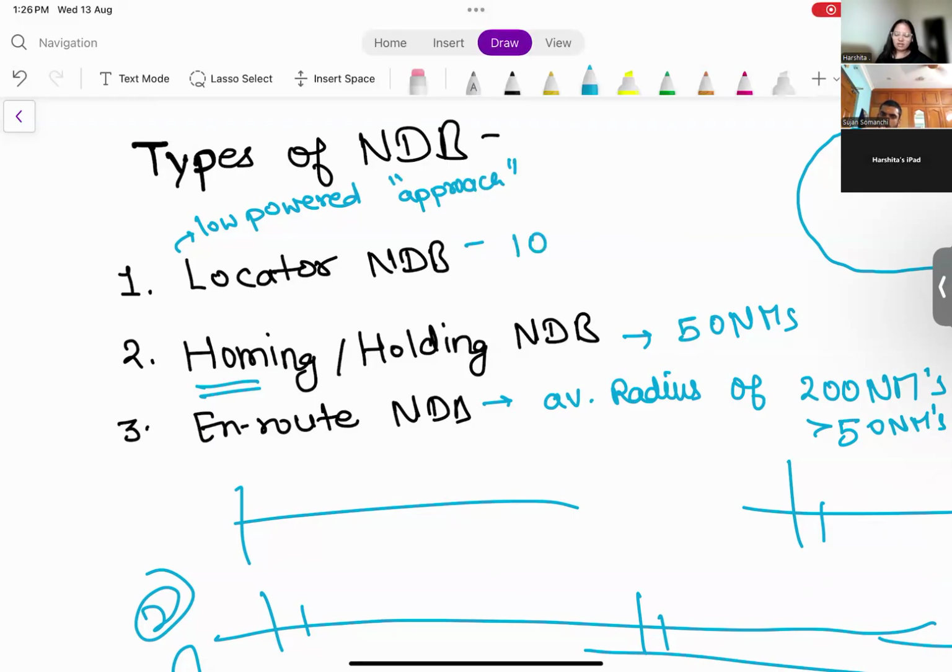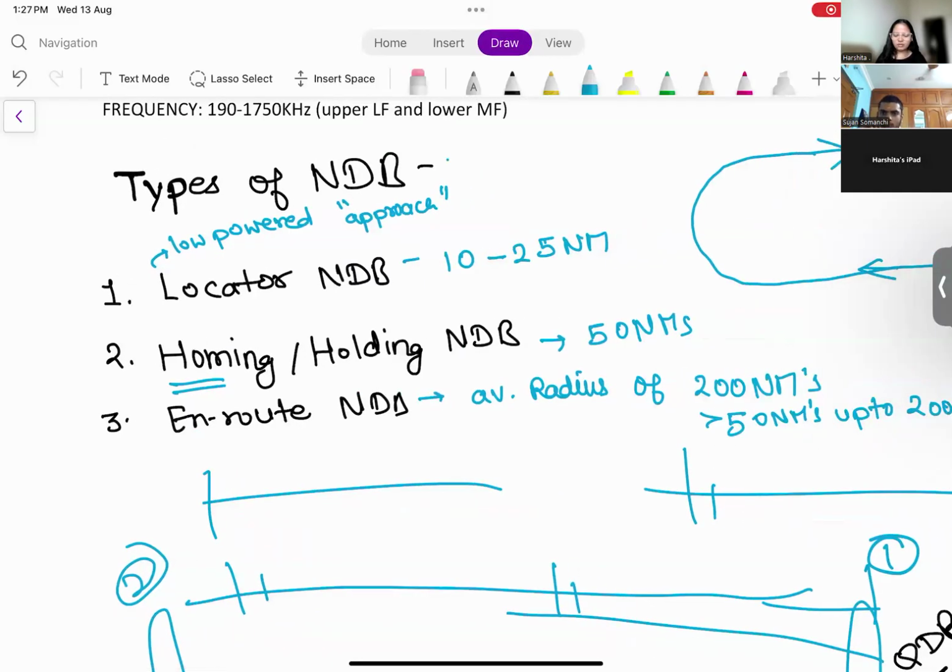And it covers nearly 10 to 25 nautical miles. This is the average radius of locator NDB. And it is used generally for approaches. Final approach, you can use the NDBs till the final approach. You can use NDB for non-precision approaches only.